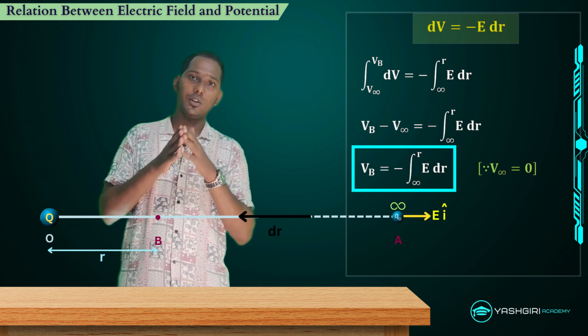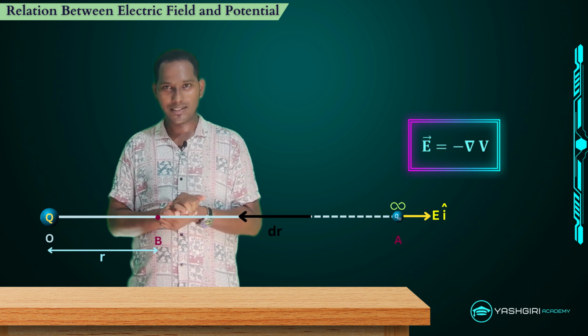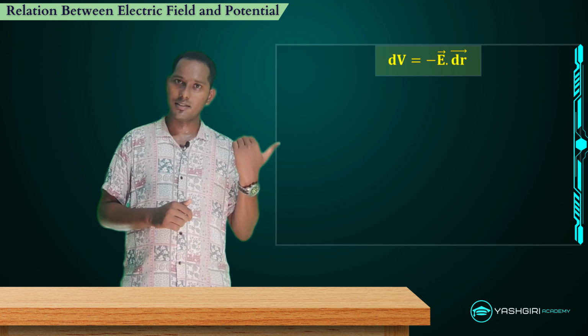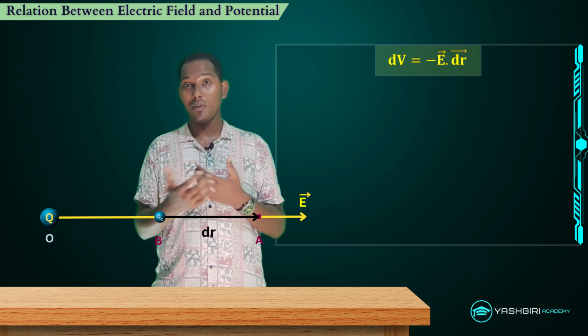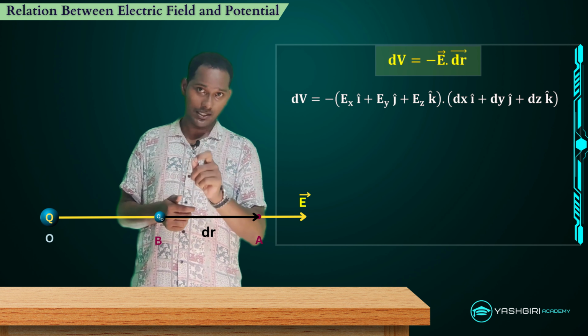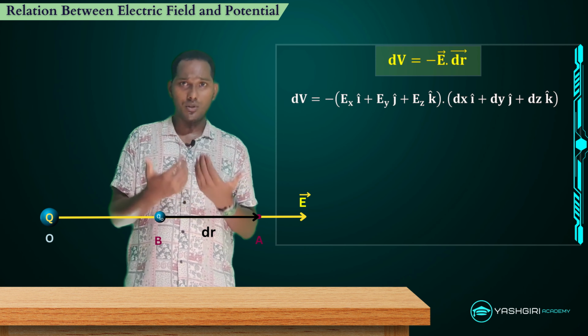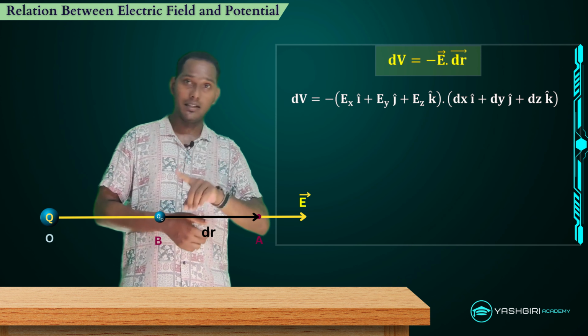Now students, you must have seen another relation, something like this. Now how is that coming? If you just see, when you deal in a Cartesian system, vector E can be written as Ex i cap plus Ey j cap plus Ez k cap, and in the same way vector dr can also be written as dx i cap plus dy j cap plus dz k cap.